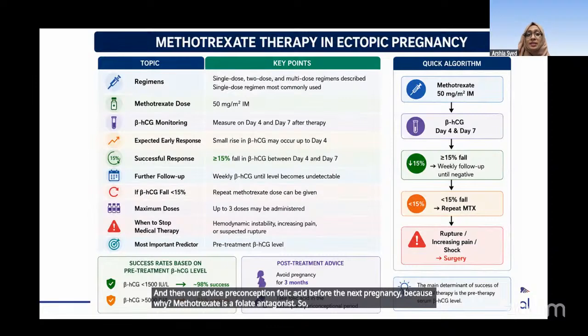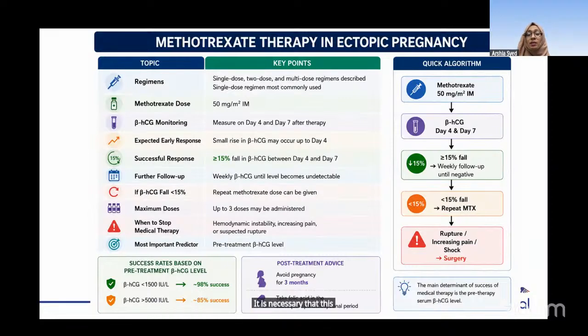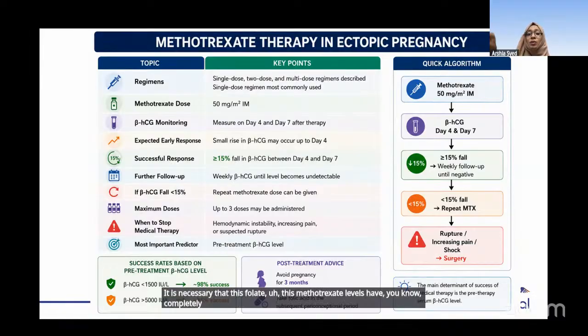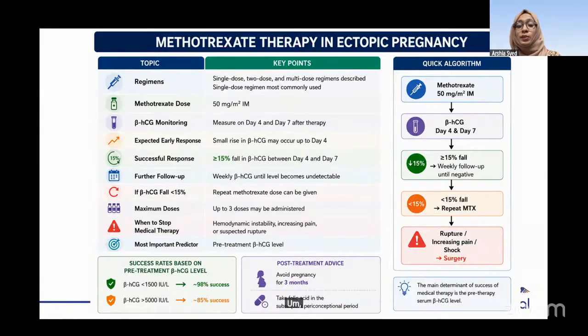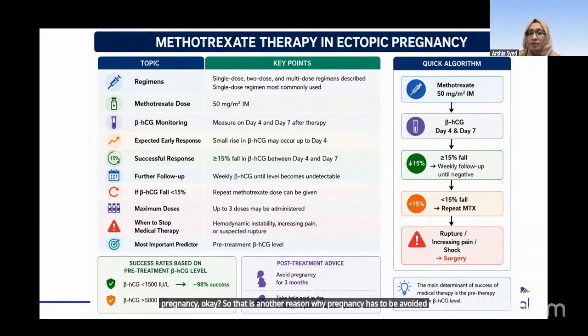So it is necessary that the methotrexate levels have completely gone from her body, so that she does not have the ill effects of methotrexate in the next pregnancy. So that is another reason why pregnancy has to be avoided for the next 3 to 6 months.